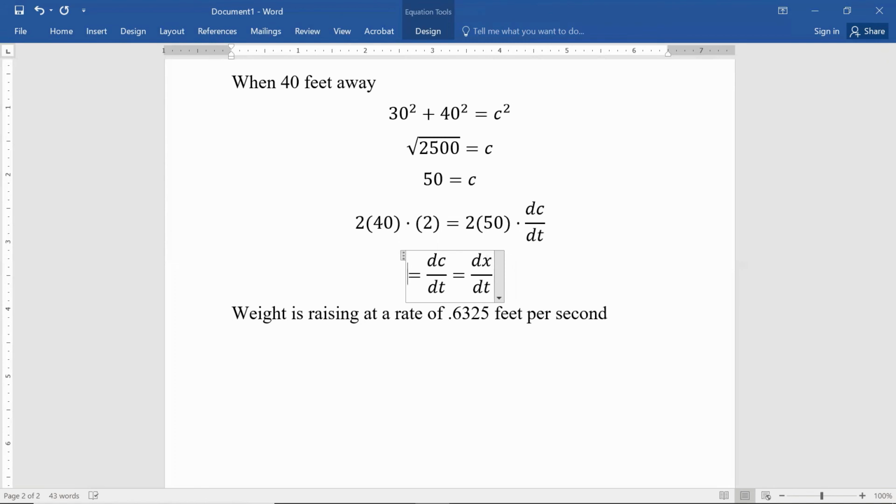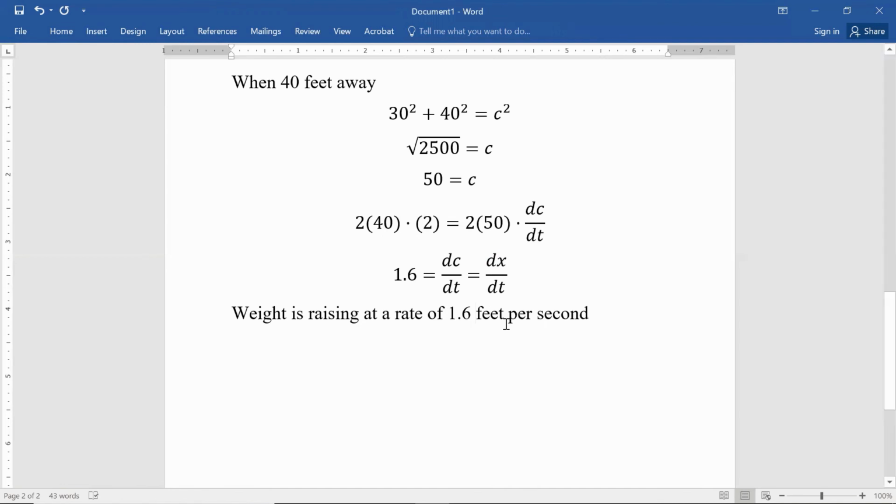I can solve that. 2 times 40 times 2 is 160, divided by 2 times 50. So that's just like dividing by 100. You end up with 1.6. That's how much rope is increasing from the pulley to the guy's hand, which is also the rate at which the weight is being raised. So the weight is being raised at a rate of 1.6 feet per second.